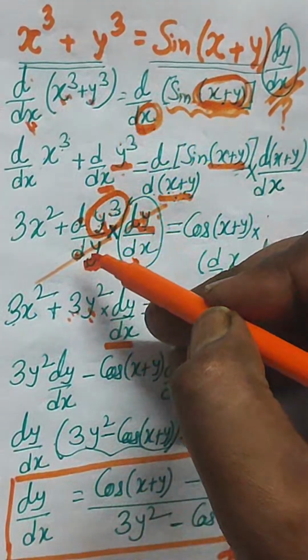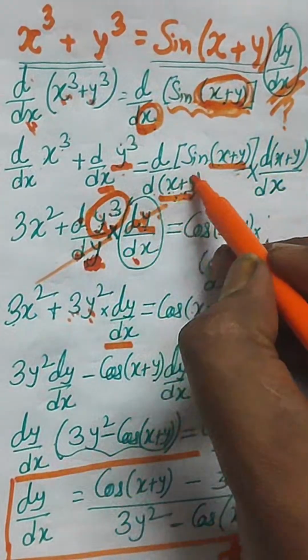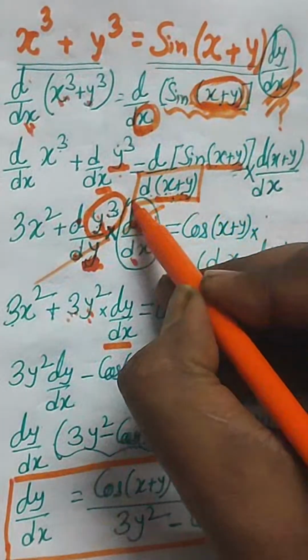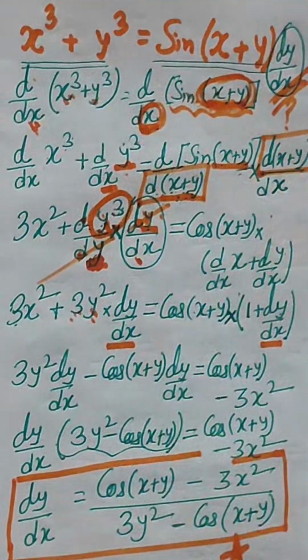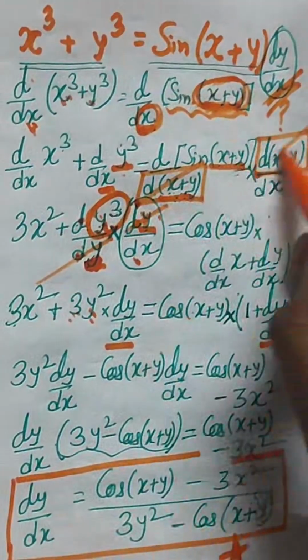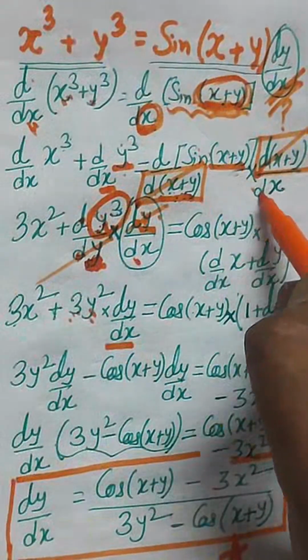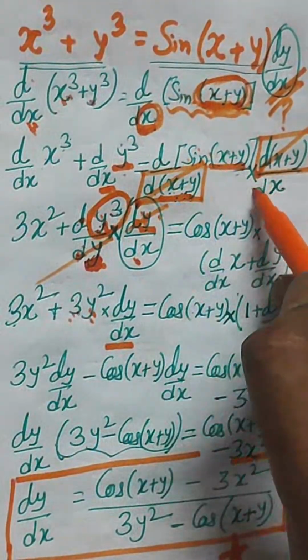So what we need to do is insert d(x plus y) as we did over here into the denominator, and d(x plus y) into the numerator, so that once you cancel out, it will be as it is, d of sin(x plus y) by dx.